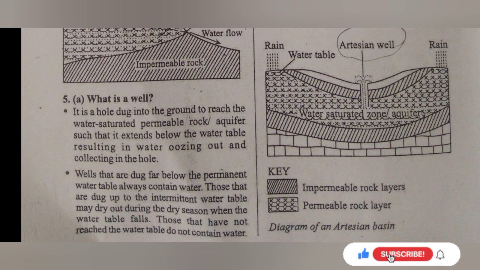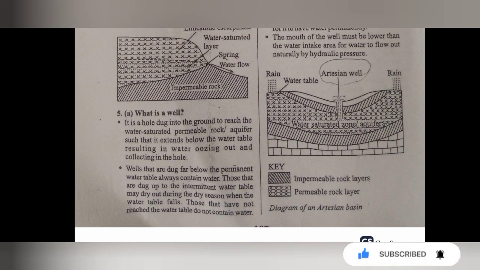You can see the water saturated zone. You can see the water table where it is. You can see where we have the impermeable rock layers that are sandwiched, the layer of the permeable rock layer. You can see how it has been sunk, and now water is coming out naturally through the artesian well.